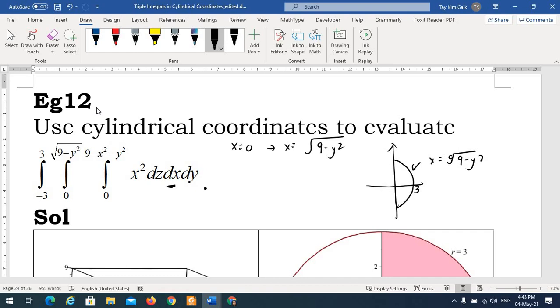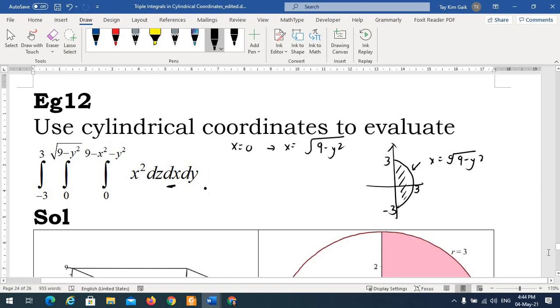So this is 3, this is negative 3, this is positive 3. It's the right-hand semicircle. And then y from negative 3 to positive 3, so you involve the fourth and the first quadrant.